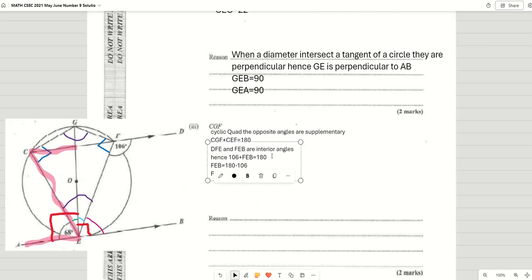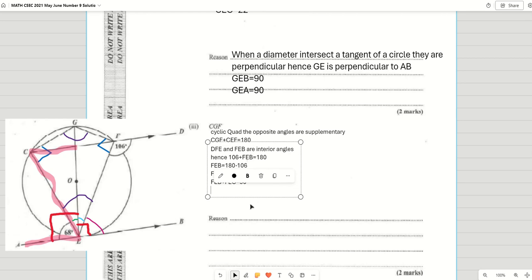Then you're going to see that FEB plus angle FEG is equal to 90. Why? Because remember, it's a perpendicular bisector. FE is a perpendicular bisector of AB.